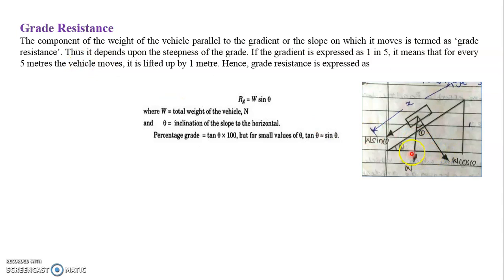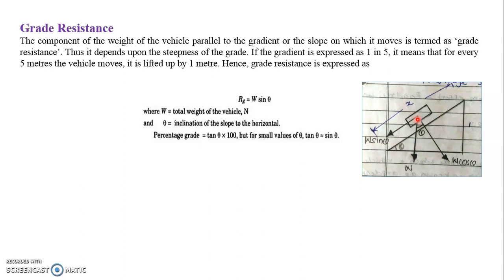In this case, the vehicle is shown as a block moving on this slope surface, on this steep gradient. So the grade resistance is nothing but a component of the weight of the vehicle.